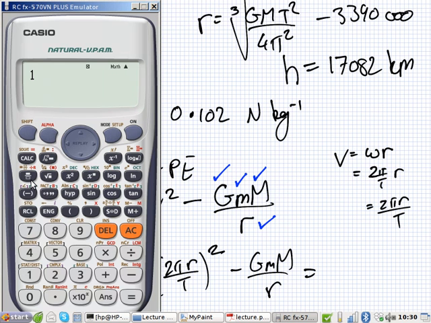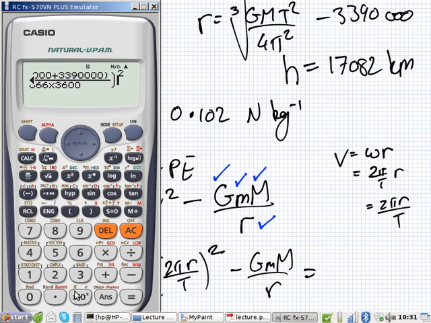A half m v squared, which is 2 pi, and the radius, we worked it out earlier, is 17082 plus 3390, and the time we said is 1 day, which is 24.6666 times 3600.